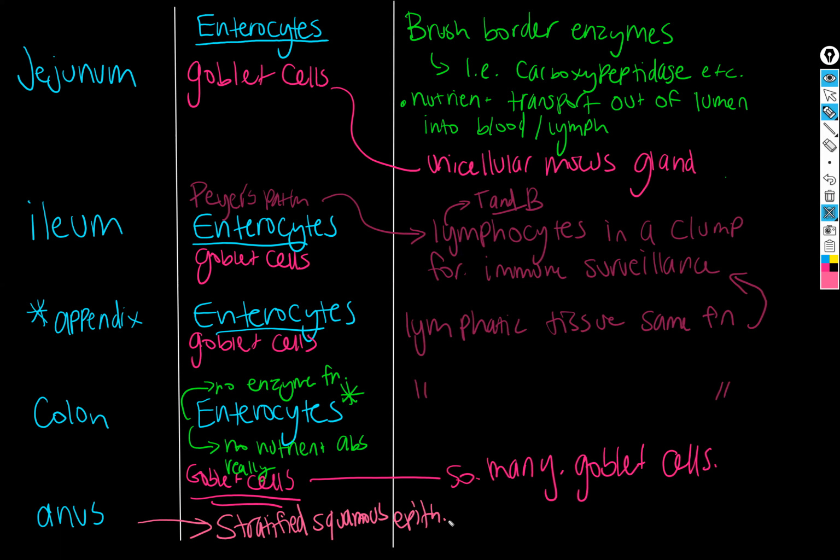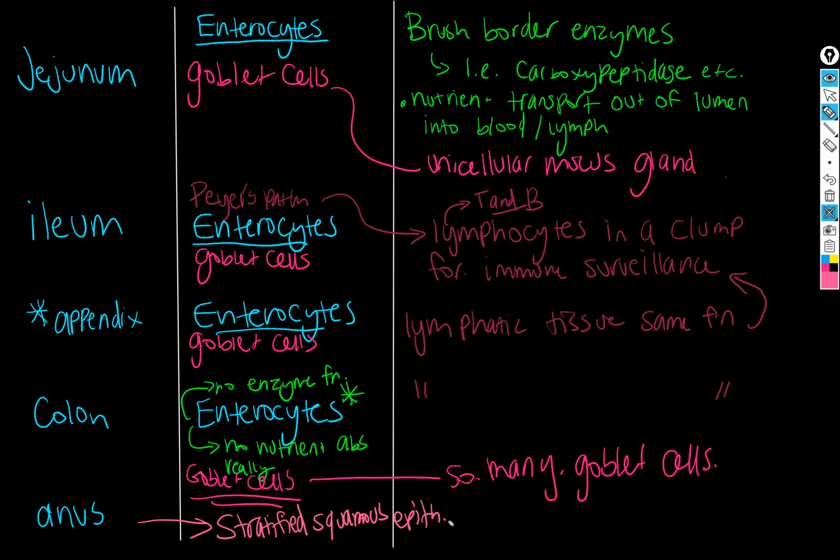So obviously I'm leaving some stuff out here, like all of them have smooth muscle making up their muscularis mucosae and their muscularis externa. All of them have a submucosa, which is dense irregular connective tissue with nerves, lymphatics, arteries, and veins in it. But you know the general function of all of those things.